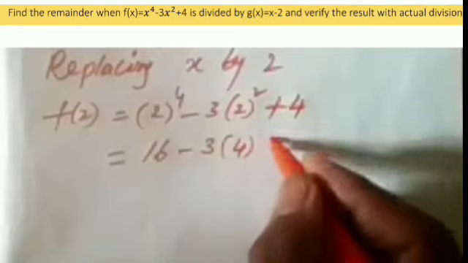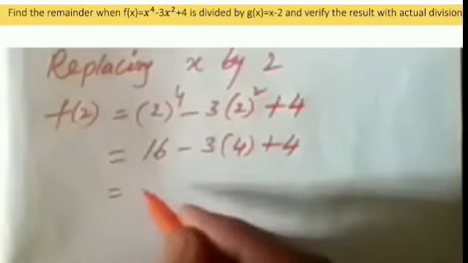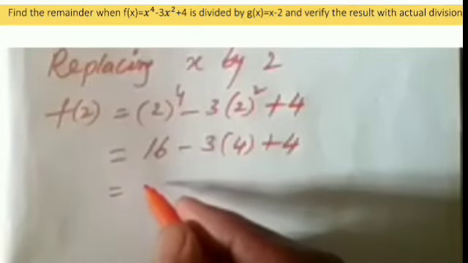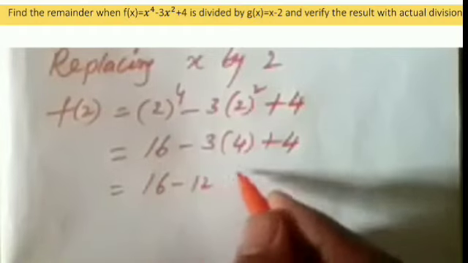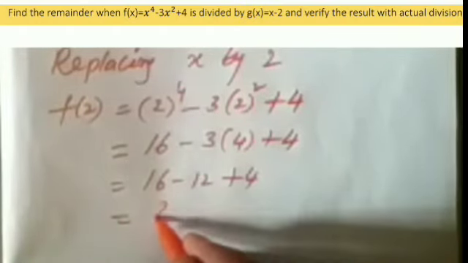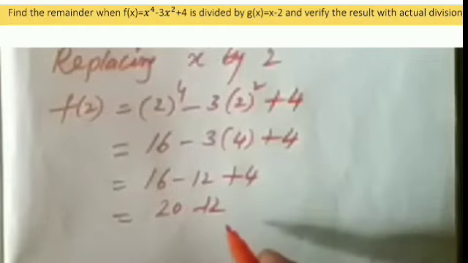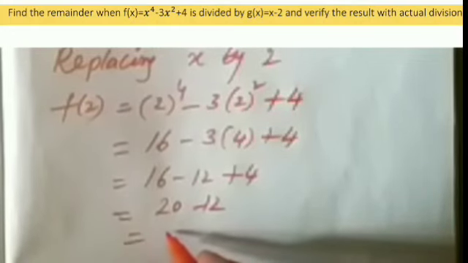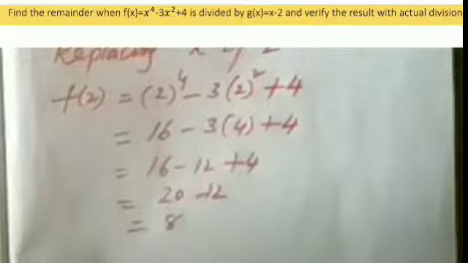That is 16 minus 3 fours are 12 plus 4. So 4 plus 4 is 8. 20 minus 12 is 8. So the remainder is 8.